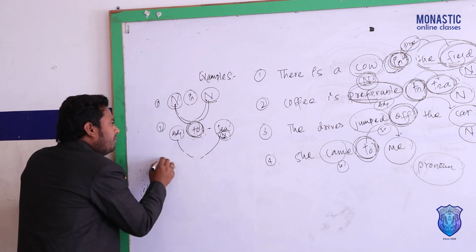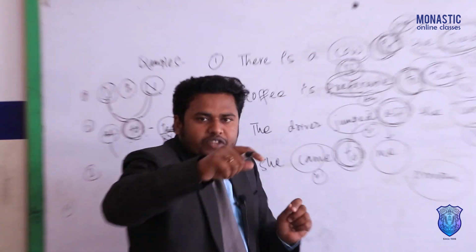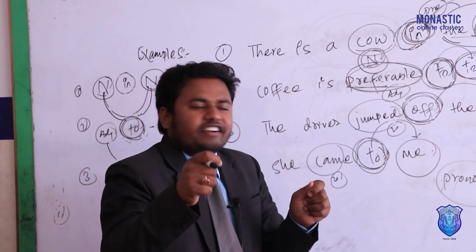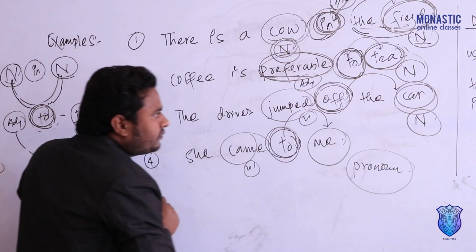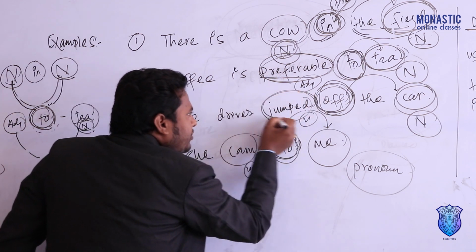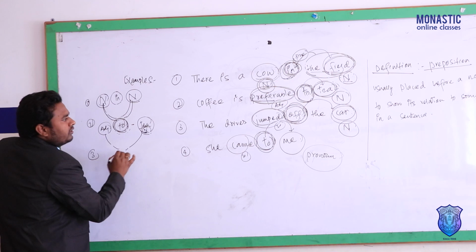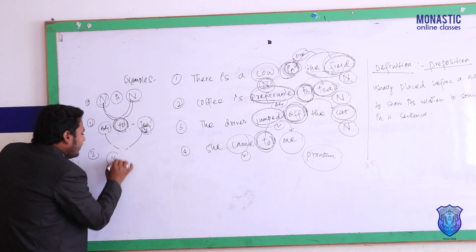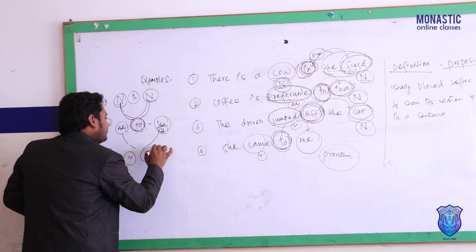In the third example, we can see, the driver jumped off the car. Here the car is our noun, off is our preposition, and jumped is our verb.